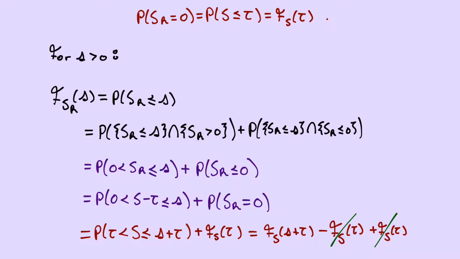Okay, and if we want to compute this probability, it is only the probability that the two events happen at the same time, and we can rewrite this as the probability for the random variable S_R to be greater than 0 because of this event, but less or equal than the little s value because of this other event.